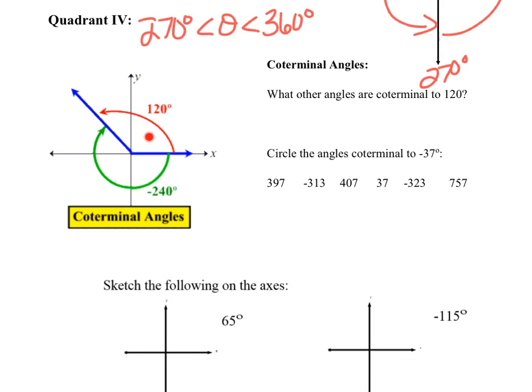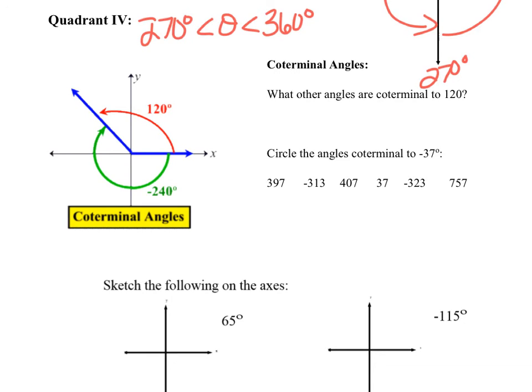Remember, if you go in a full circle, you're going 360 degrees. But also if you start at this side and go another 360 degrees around, it's going to be a circle.